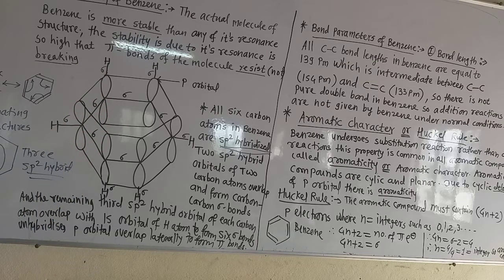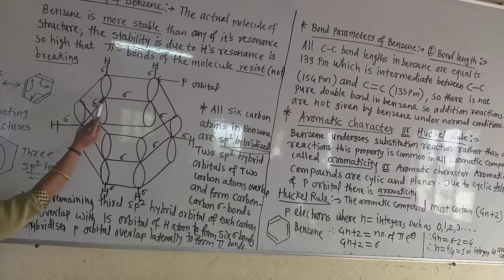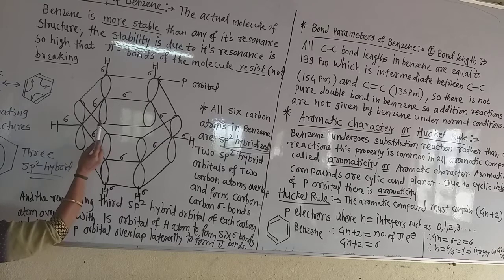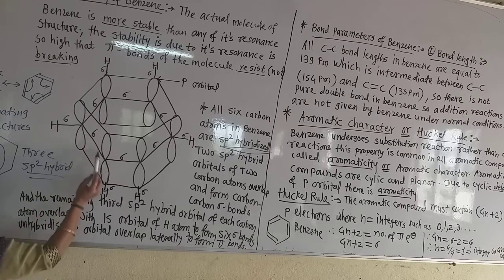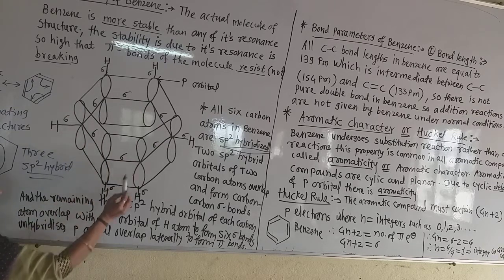Now see that in carbon the atomic orbitals taking part are 1 s and 3 p. Out of the 3 p orbitals, 2 p orbitals and 1 s orbital form the 3 sp2 hybrid orbitals, and 1 p orbital remains as it is. This p orbital of each carbon atom is the non-hybridized or unhybridized p orbital.